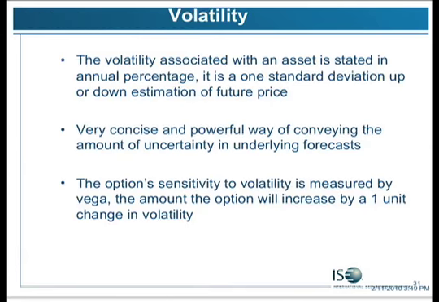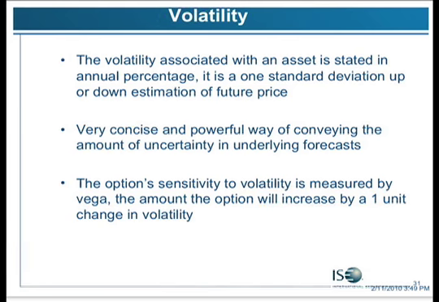So volatility is stated in annualized percentage terms, one standard deviation up or down. Very powerful way of conveying the uncertainty in the forecast. So the option's sensitivity to volatility is vega, and we talk about it from a 1 unit change.